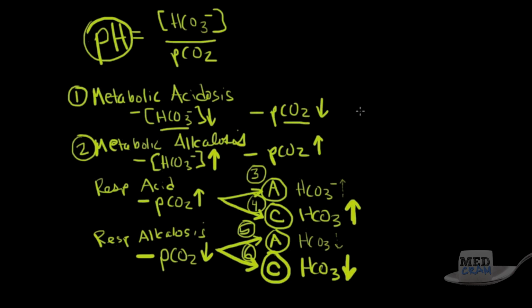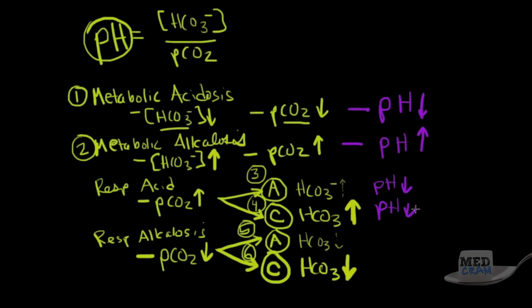And there's something I want to show you here. Let's take the metabolic acidosis here. What's the pH? The pH here in this situation is down. What about in the metabolic alkalosis? The pH is up. What about here in the respiratory acidosis? Well, pH is down.